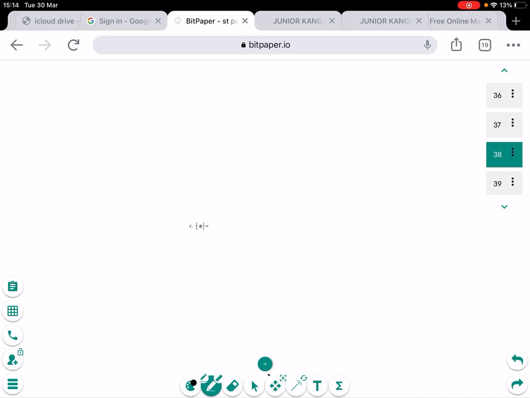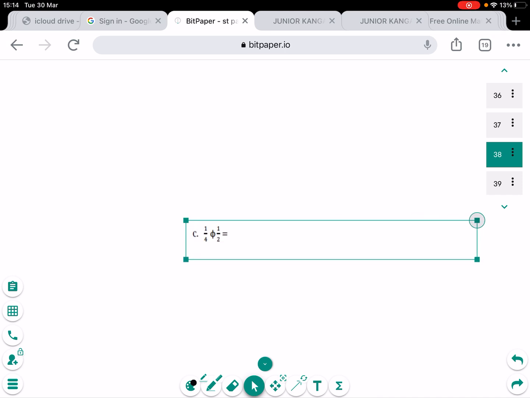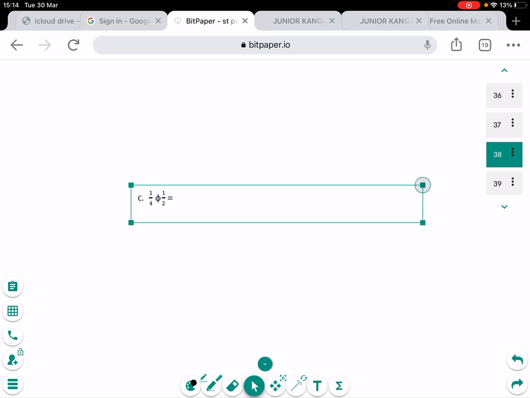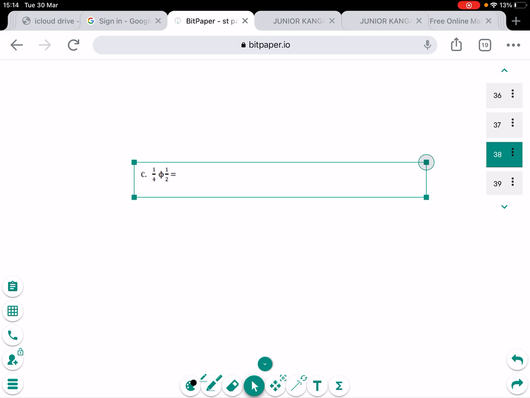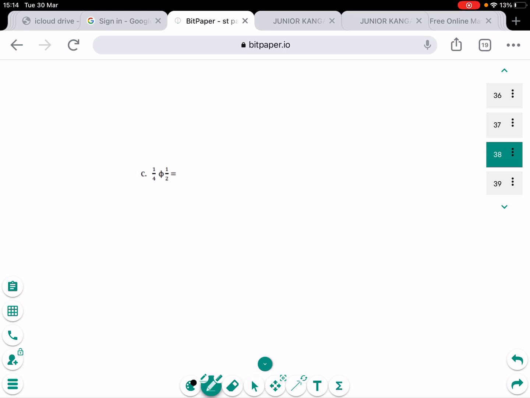For C, I don't know why that's so small. Wait, I'm just going to enlarge that a bit. Okay, so what we can do here is for 1 over a quarter, and we can convert a half to 2 quarters.